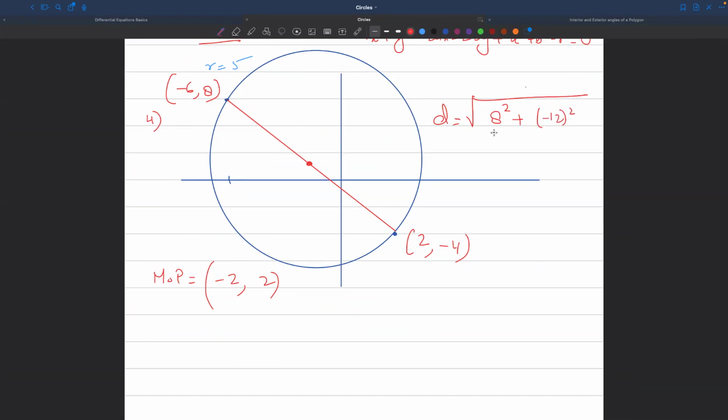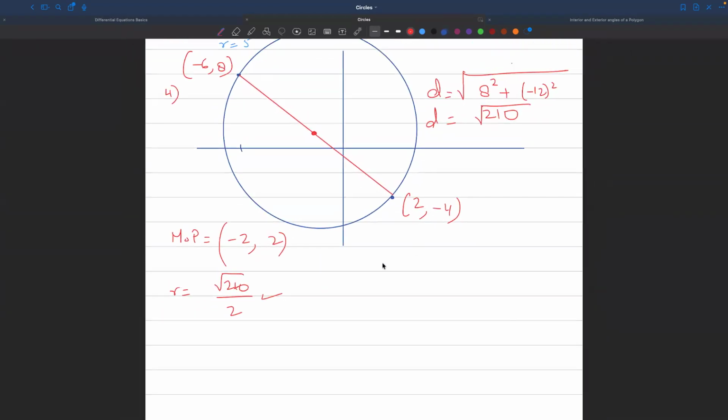I hope I'm doing it correctly. 144 plus 64 is 208. Root 208. And then I will divide this by 2. And this will give me my radius.